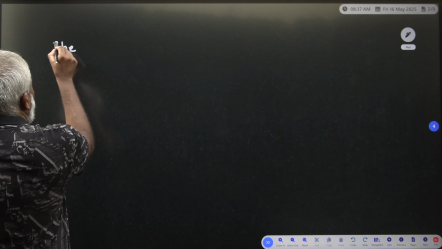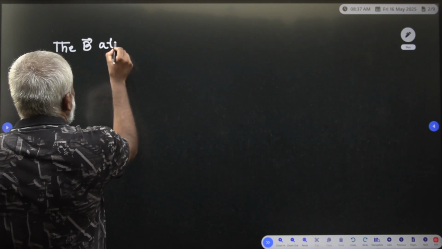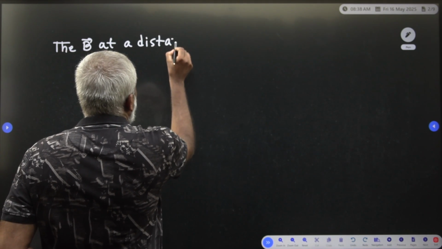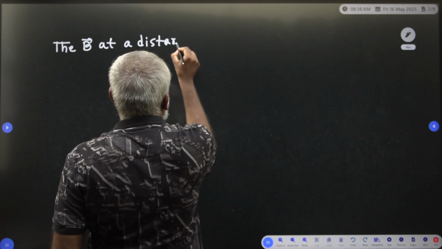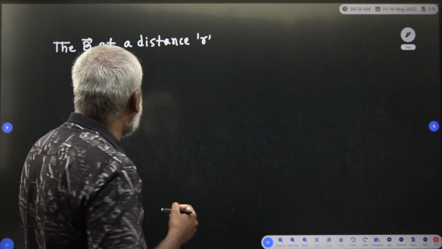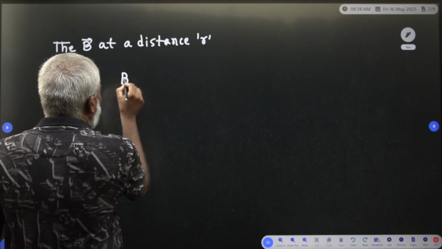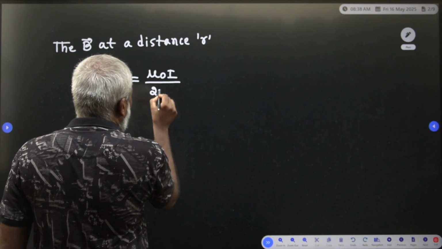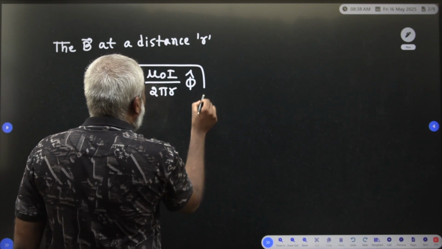The magnetic field is B equal to mu naught I divided by 2 pi r, in the phi cap direction.